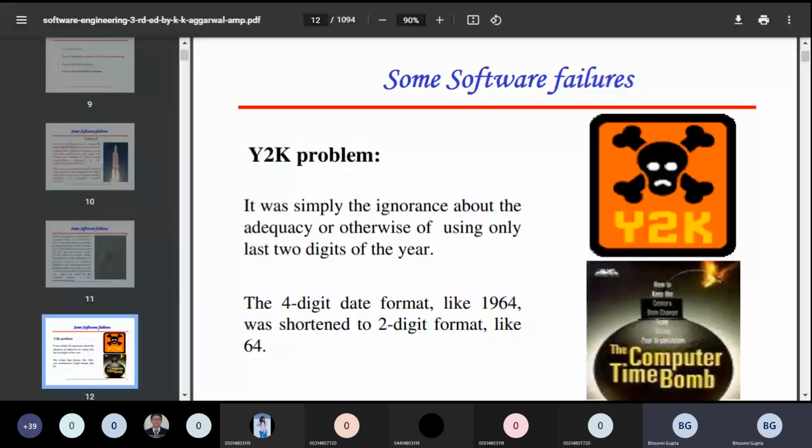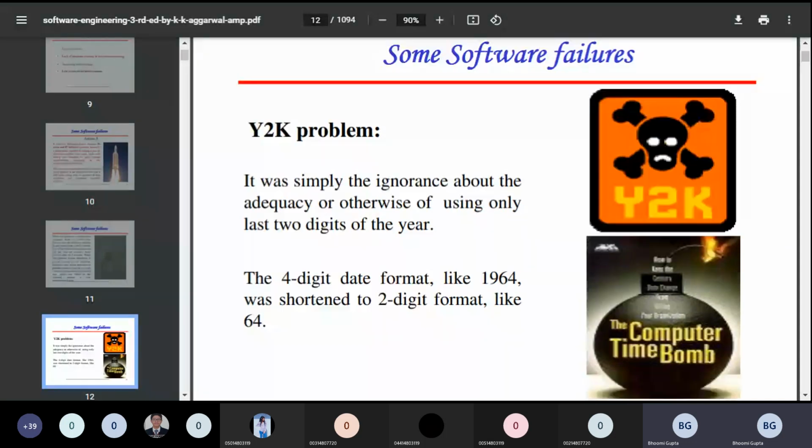So half the year, from June 1999 to December 1999, was taken up by every company to solve this problem, and fortunately it was solved, and the systems did not crash.